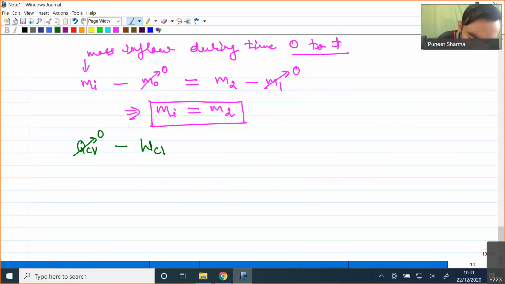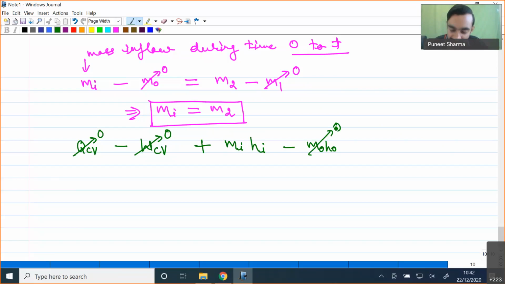Then work also during this time will be equal to 0. Now work is also 0. Then we are having some inflow of mass. So inflow of mass is mi, and enthalpy of this I have taken as nothing but hi. Minus mo into ho is 0 because we are not having any outflowing stream.